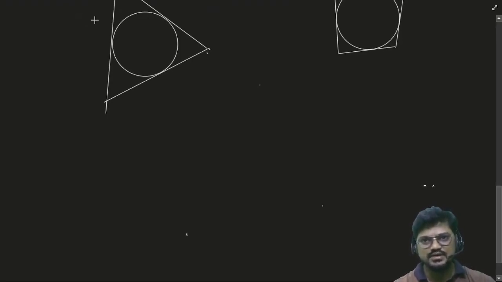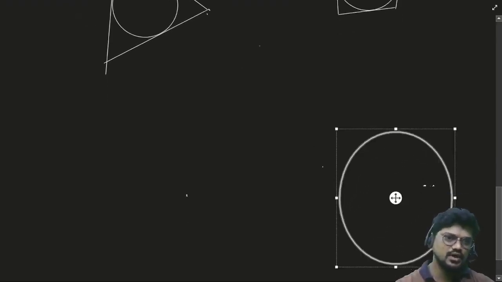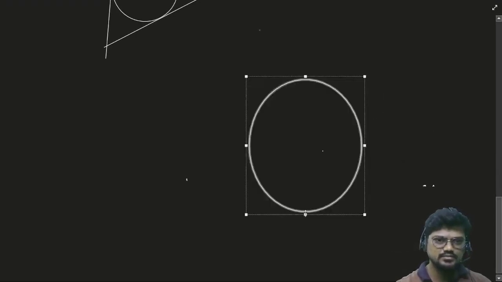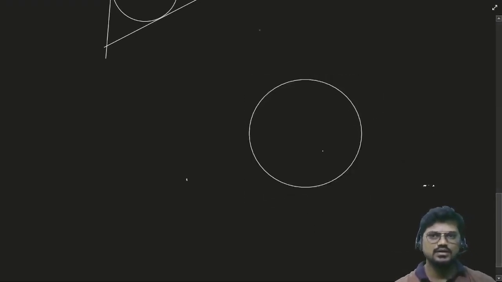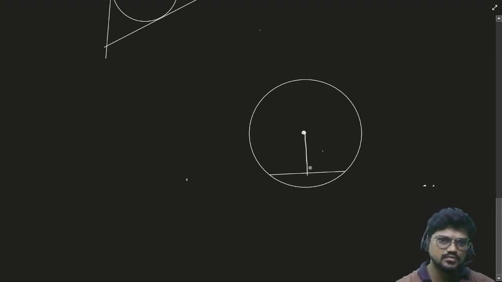If you have a circle, and suppose this is the center, and this is the chord, and if I draw a line which is perpendicular to this chord, then it bisects the chord. We know that if I draw a perpendicular, then it bisects the chord. You have studied this in your class ninth. Yes or no? Okay.